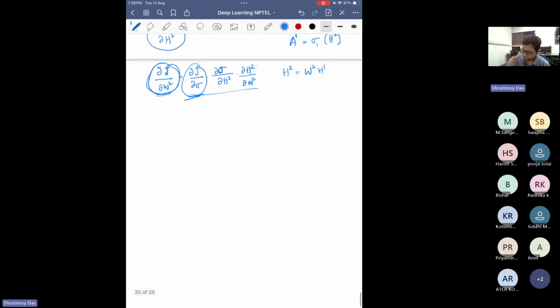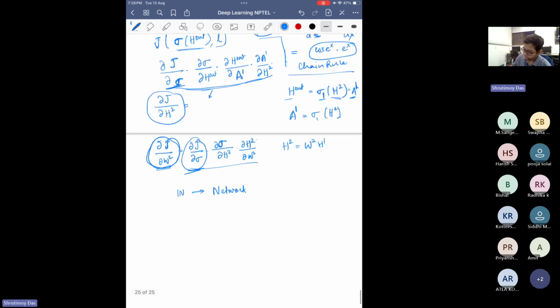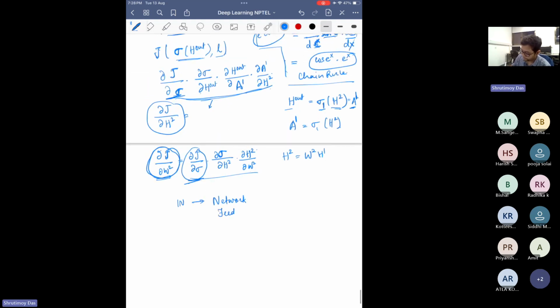So now we have your network, we have your input, we have your neural network where you do feed forward. You get some output, and from the true labels you get some loss, right?